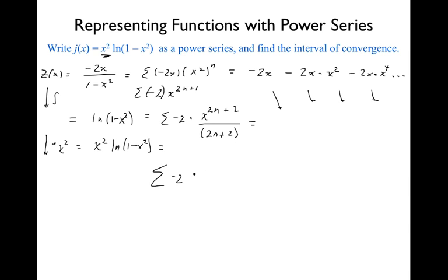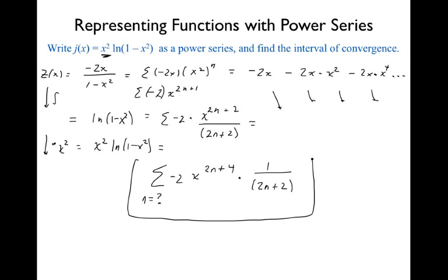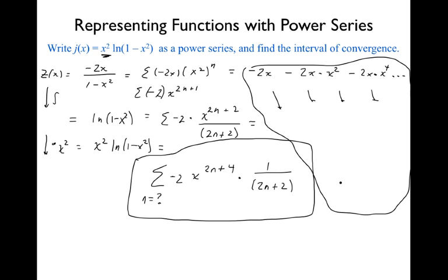So what I'm going to have, x to the 2n plus, how many x's do I have now? x to the 2n plus 4, I have 2 more, right? Times 1 over 2n plus 2. And then we just have to figure out where it starts. You can figure out where it starts by working through your polynomial terms. Do the math on your polynomial terms, check back, and that can help you determine where it starts.